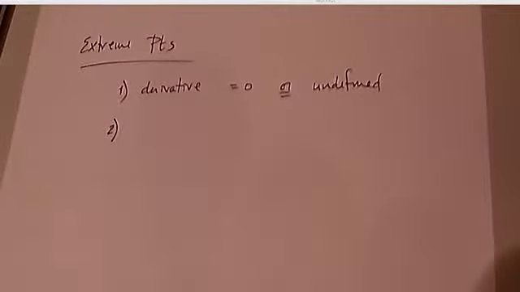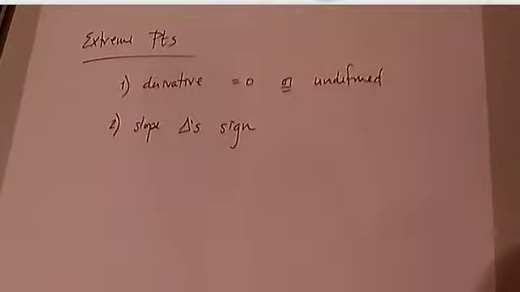Okay? And the slope changes sign at that particular moment. Okay? So two things need to be the case. I need to have a derivative equal to 0 or undefined, and the slope needs to change sign.